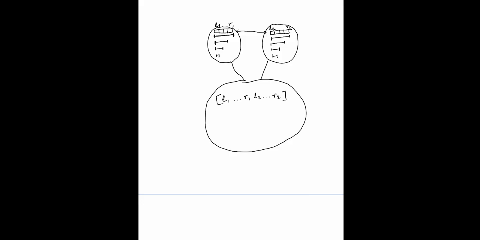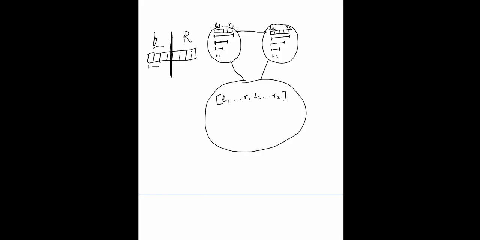Suppose you have a bunch of elements in the new range, and this was the original L node and this was the R node, right?